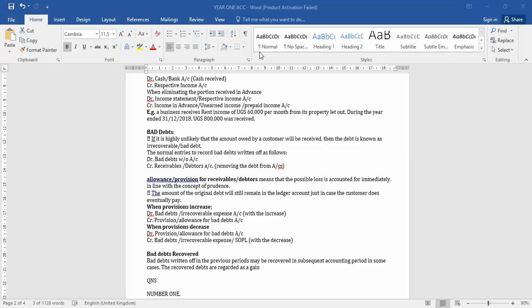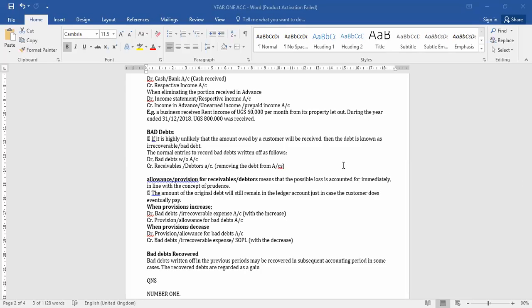Now, should it happen that the person that you declared a bad debt has come through to pay you, what happens is you first reinstate the debt by crediting bad debts. By crediting, of course, you're reversing a transaction.